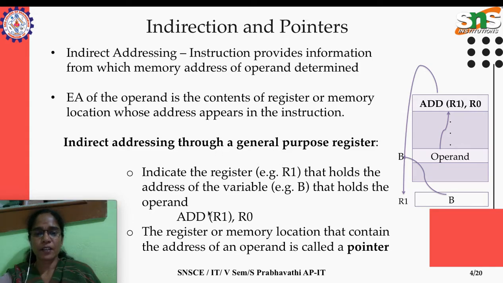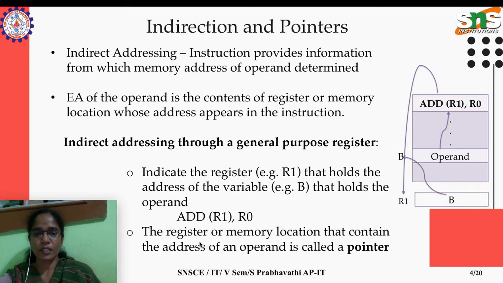The register or memory location that contains the address of an operand is said to be a pointer. So we can achieve indirection addressing in two ways: one by means of a general purpose register, and the other by getting the memory location.